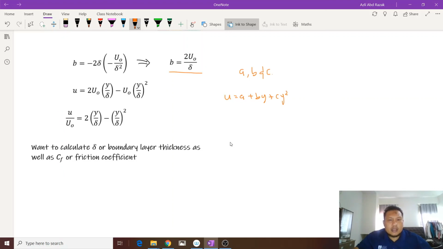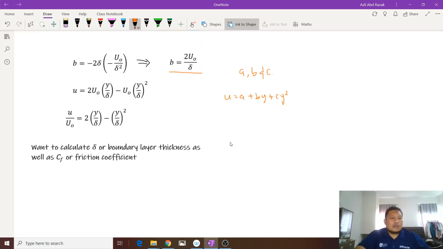After some simplification, the equation that we got is u equal to 2 u naught y over delta minus u naught y squared over delta squared. So u over u naught is equal to 2 y over delta minus y over delta squared.